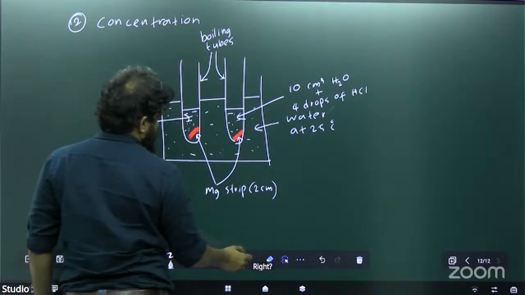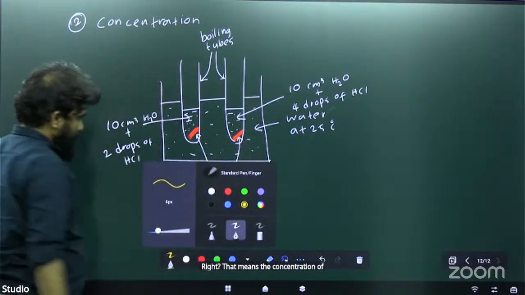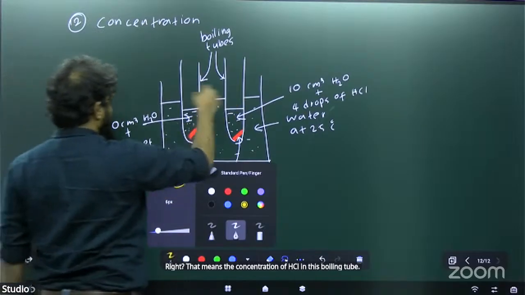That means the concentration of HCl in this boiling tube is higher than this one.